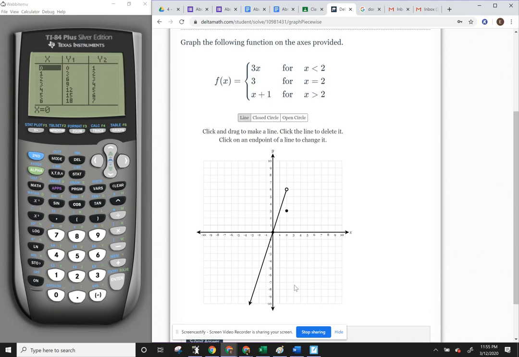Okay, so now we're going to look at x plus 1, which is y2, and this is for x greater than 2. So once again, I'm still going to look at when x is 2, and this time when x is 2, y is 3. So this part, or piece of the function, is going to go when x is 2, y is 3.